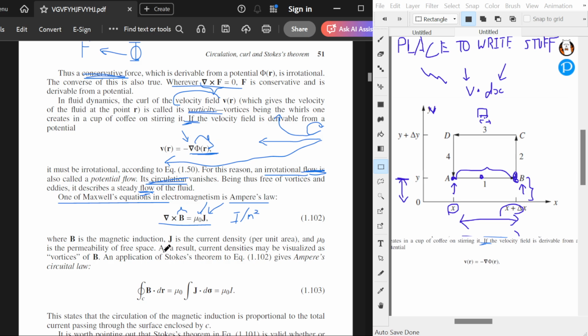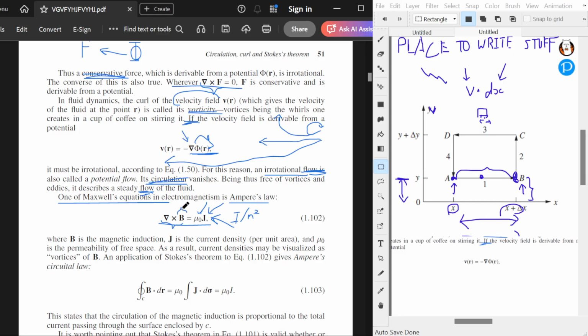And as a result, the curl of the magnetic induction gives us the current density.